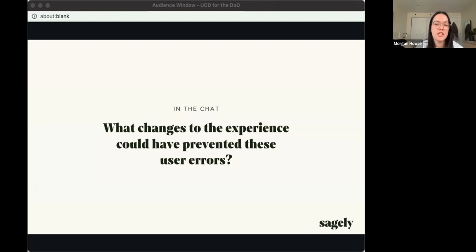So UCD is not foolproof. It's impossible to test and plan for every single edge case that could arise, but diligent testing and keeping the user in the process greatly reduces the chances that these edge cases will result in such catastrophic effects, especially from a poor design or a user error.